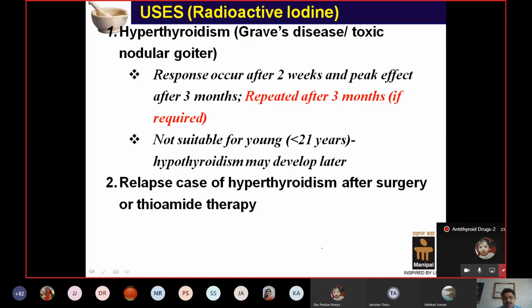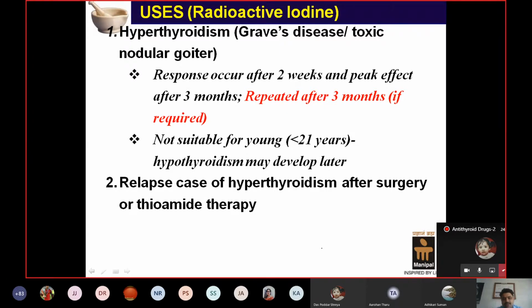When you have done surgery to remove some portion of the thyroid gland, but the portion removed is not sufficient, the leftover part is producing more thyroid hormone and causing hyperthyroidism. In that case, you can use it.